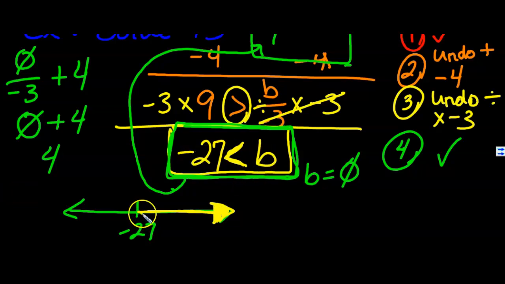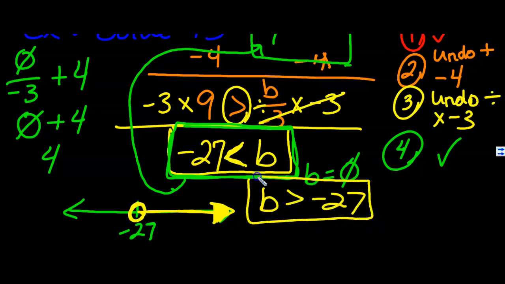Notice that it cannot be equal to, so we need to leave an open circle representing everything as close as you possibly can to negative 27, but not touching negative 27 itself. So again, another way to write this is B is greater than negative 27. Both statements are true and congruent to each other.